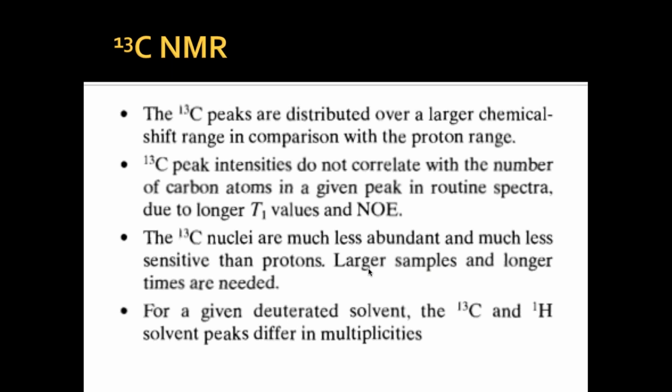As I said initially, the isotope of carbon is in very low abundance, so we should spend longer times on this, and the range of the peaks is also long, right?